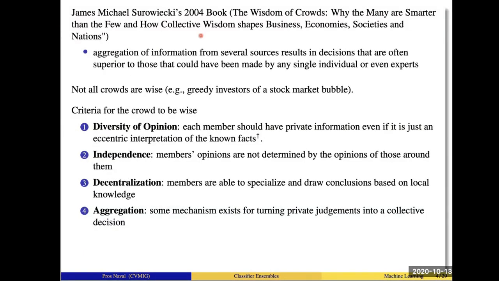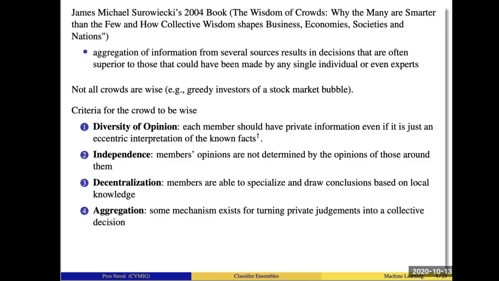Then in 2004, there is an author who published the book The Wisdom of the Crowds: Why the Many Are Smarter Than the Few, and How Collective Wisdom Shapes Business, Economies, Societies, and Nations.